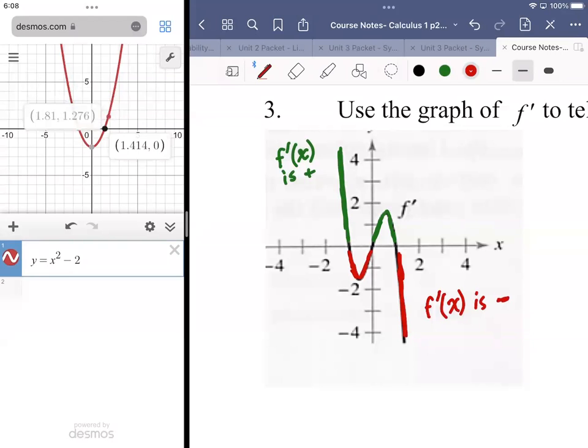So it's no different when you're dealing with a derivative function. I could estimate this function.